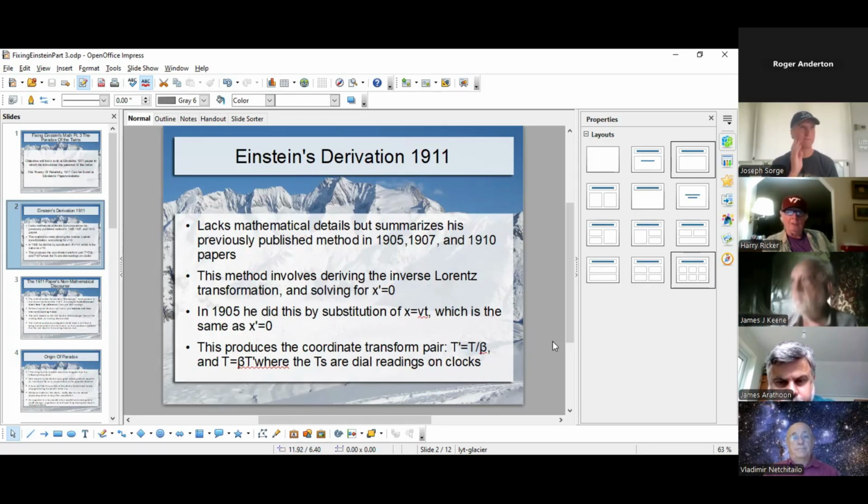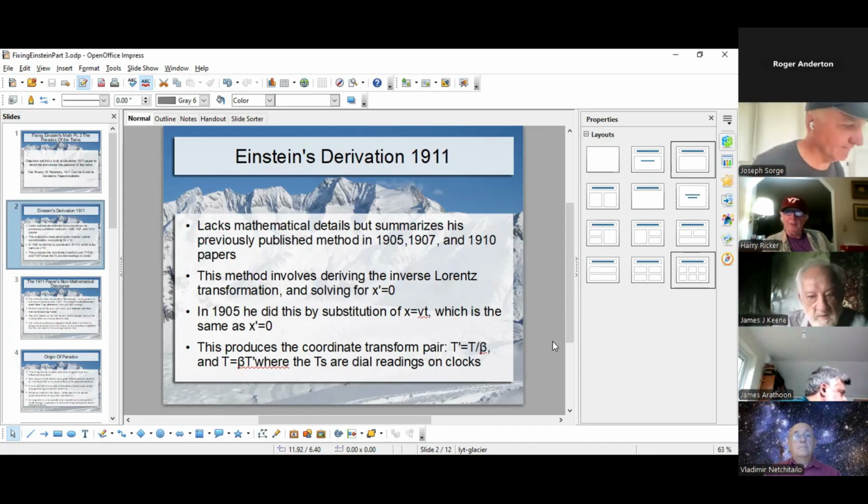Again, he talks about the inverse Lorentz transformation and solves it for x equals 0. So we're in the moving frame, and we're solving for x equals 0 in the Lorentz transform. So it's the moving frame that we're starting from.